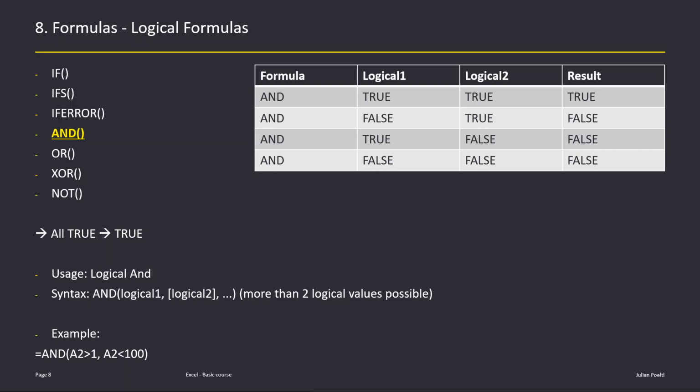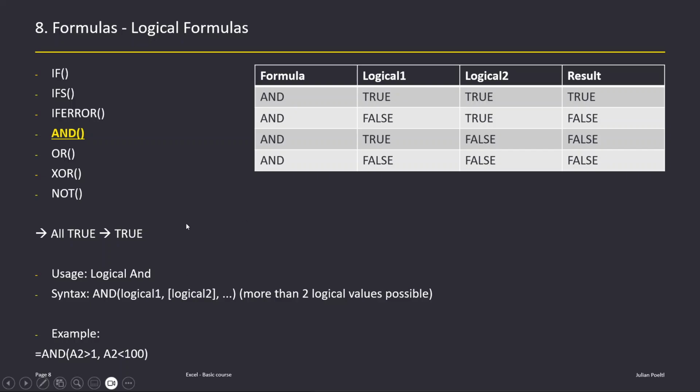There are the so-called AND, OR and XOR functions in Excel, also the NOT function, and you could also mix those functions. And therefore, you can check in an IF function not only if one value is true, you could also check, for example, if two or more values are true at the same time.